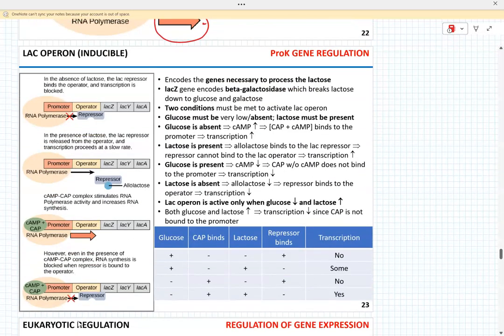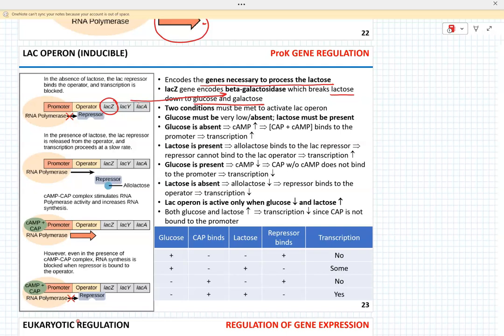So as we mentioned before, the lac operon contains the structural genes that encode enzymes essential for lactose processing. One of these genes, lacZ, encodes the enzyme beta-galactosidase. Beta-galactosidase breaks down lactose, which is a disaccharide, to the monosaccharides glucose and galactose.